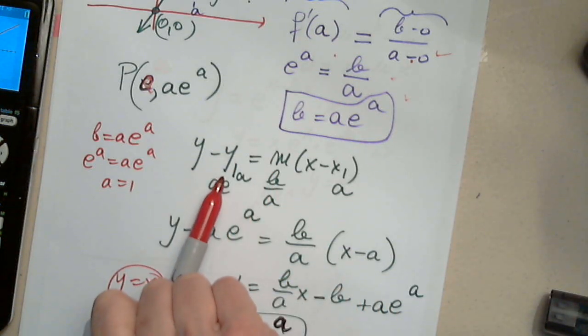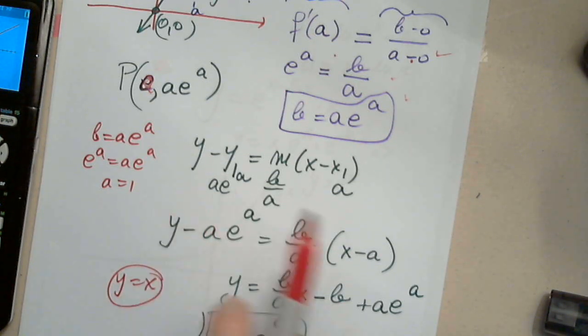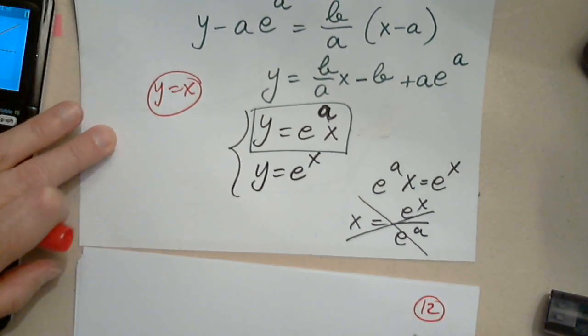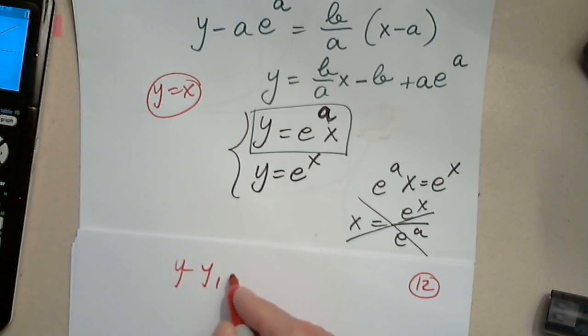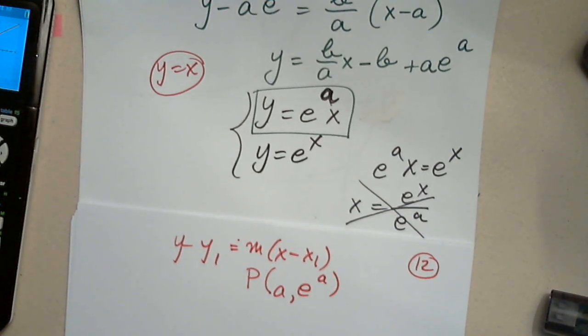So then y minus y1. Okay, so I'll have to redo this. So we had y minus y1 equals the slope times x minus x1. So our point P was a, comma, e to a. P, a, e to a, correct. And then we got that e to a is indeed b over a.